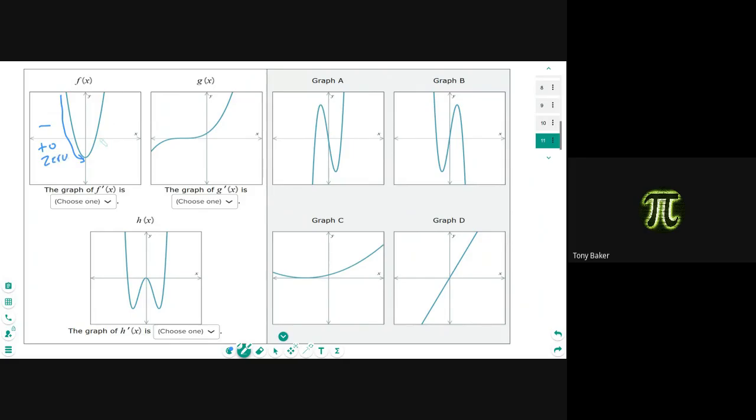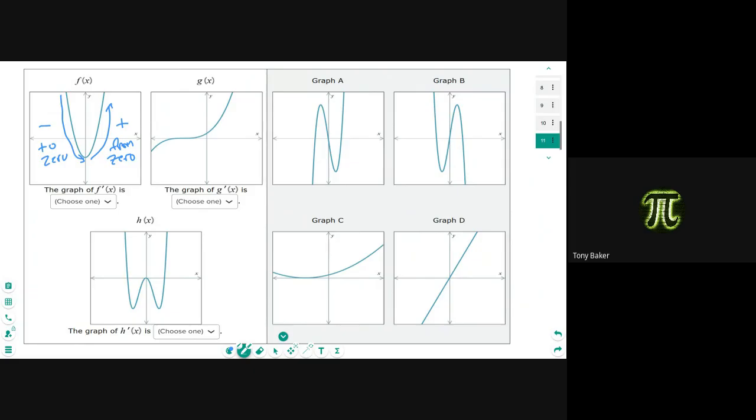What about this side over here? This side's going positive, right? And it's going from 0. So it's got one change, right? It's changing from negative to positive once.